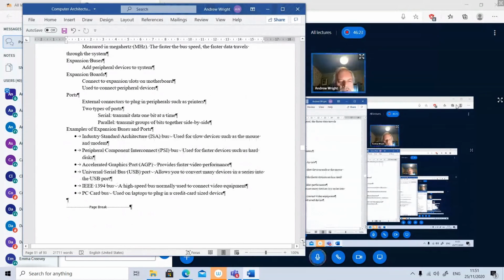And all these ports like USB, they're really just protocols. It's like different languages, you either speak English or French or Irish or whatever it is. Presuming that if you both know the language, you can communicate. But if one person doesn't know French and you're talking French to them, they haven't a clue what you're saying. So it's just to make sure that the person talking and the person receiving know the protocol.